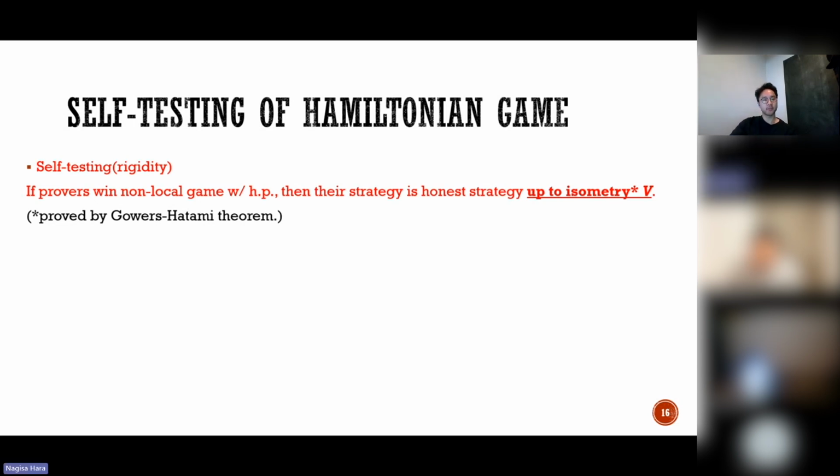It means that if the prover wins a game with high probability, then their strategy is honest up to isometry V. Personally, I feel reluctant to say this can be proved by Gowers-Hatami theorem. But anyway.